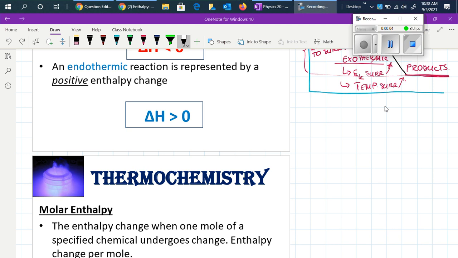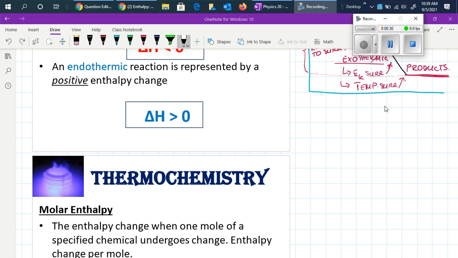Okay, the second part of today's lesson is talking about the molar enthalpy. Even when we are talking about molar anything, molar mass, molar anything, what we are saying is what is it per 1 mole? So what is the mass when we are talking about molar mass per 1 mole?